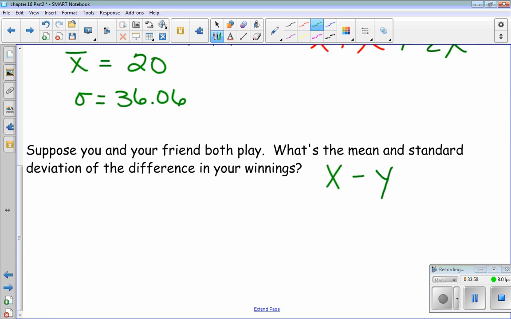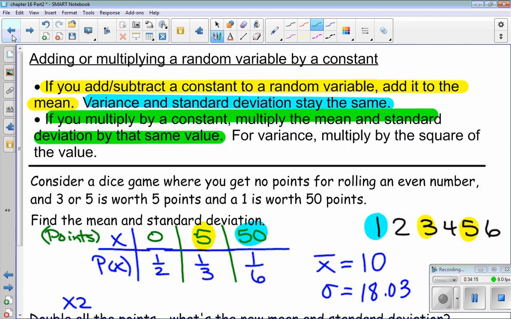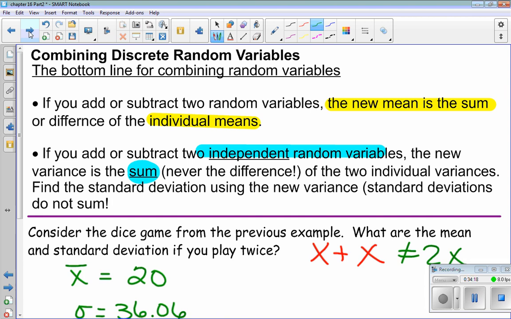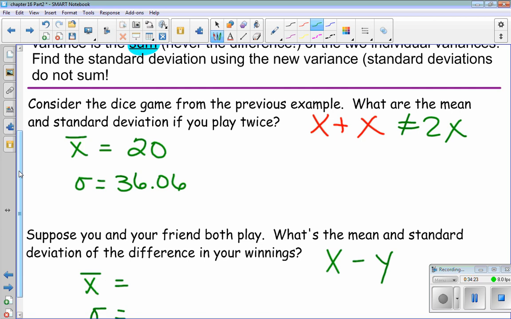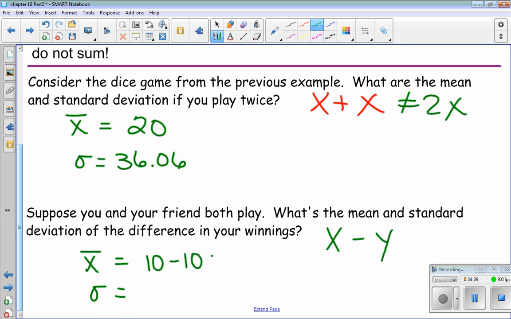So how do I find the new mean and the new standard deviation? What's the mean of playing it once? 10, no matter whether it's me or him, right? So 10 minus 10 is 0. Mean is 0. What's the standard deviation? 36.06.